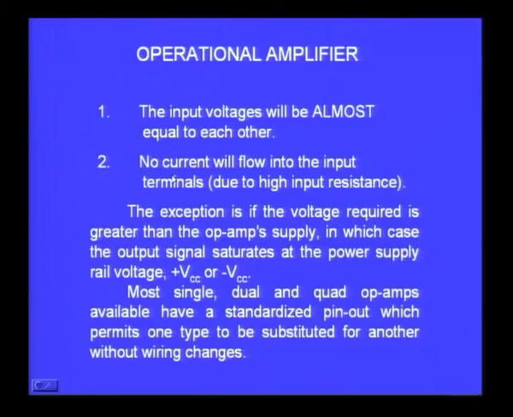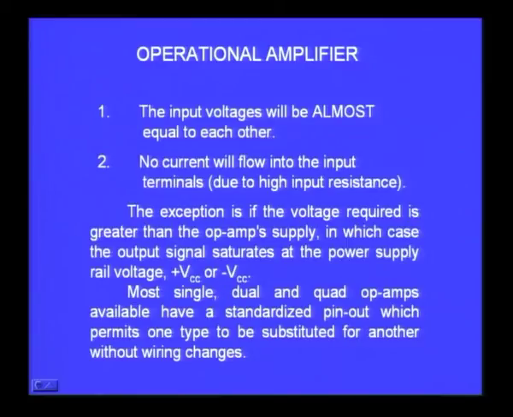But there should be a finite current, because you can imagine the input stage we have already discussed is nothing but a differential amplifier, and therefore, the bases of the two transistors which perform the long tail pair will be the input stage of any op amp. Therefore, there should be a finite base current for a differential amplifier to work.